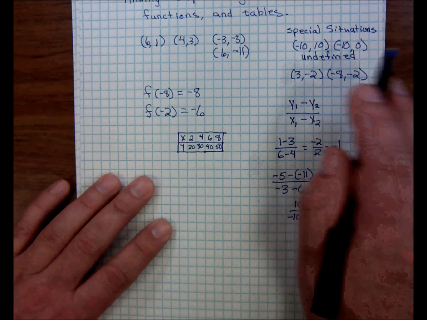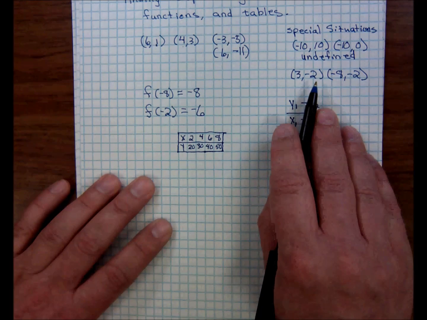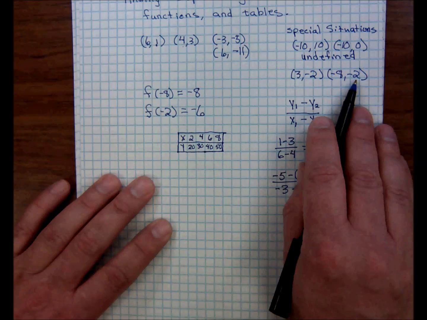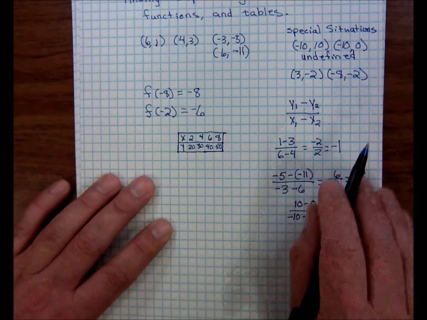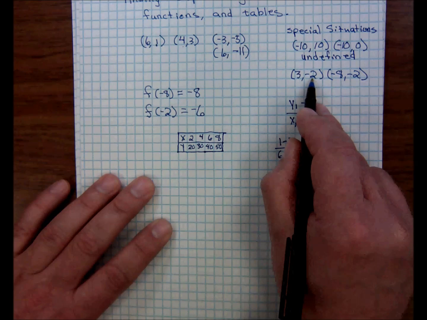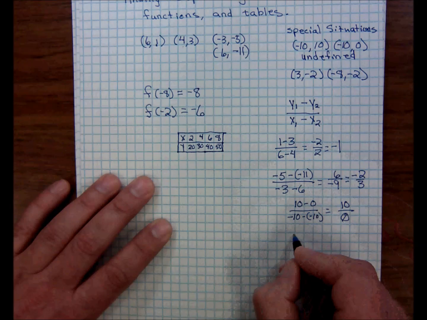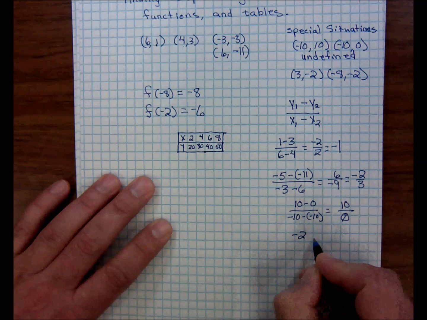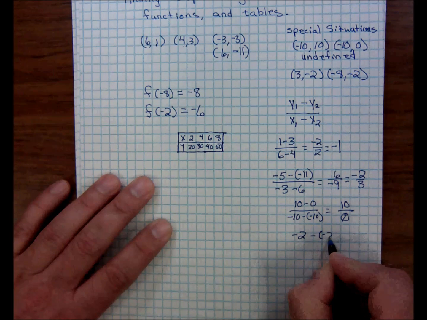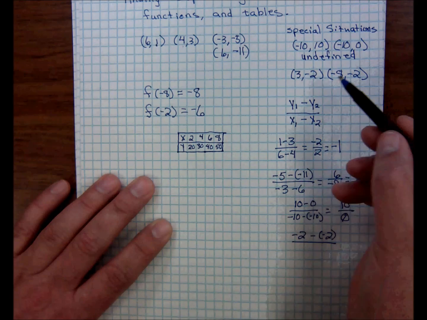Now you notice in this special situation, both y's have the same coordinate. So again, we find the differences of our y coordinates, negative 2 minus negative 2, over the difference of our x coordinates, 3 minus a negative 8.